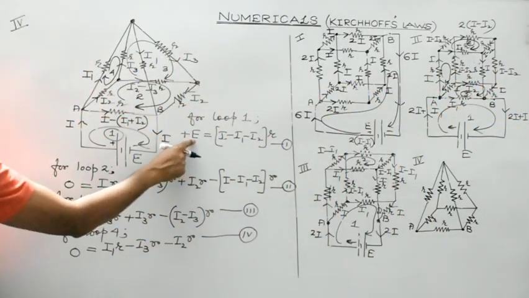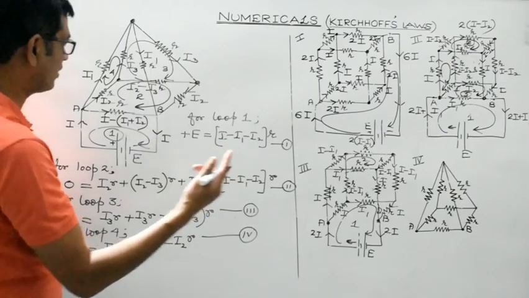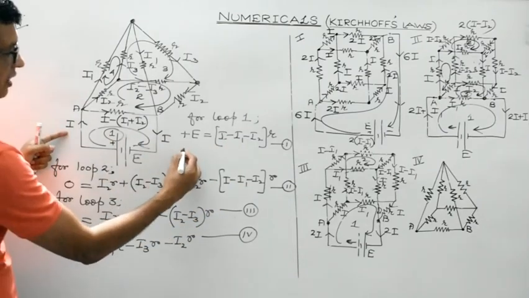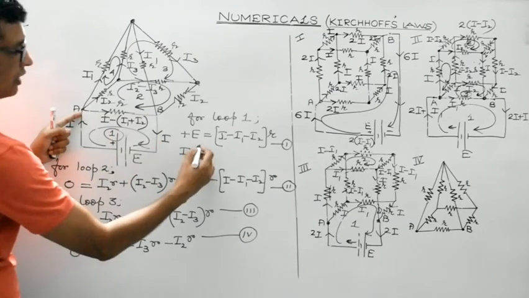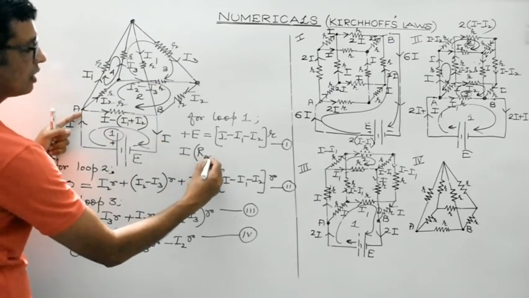In place of E, net EMF is net current multiplied by net resistance. What is the net current? It is I. Net current flowing through the circuit is I. And what is the effective resistance between the points AB? It is RAB.